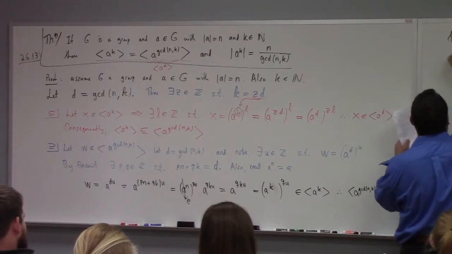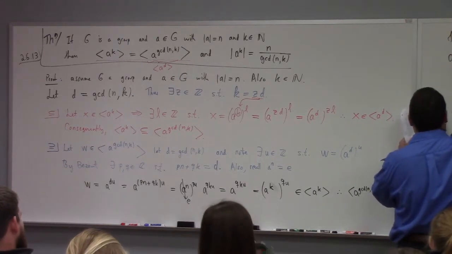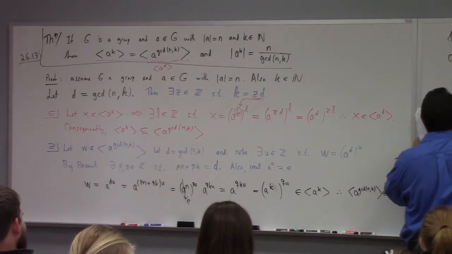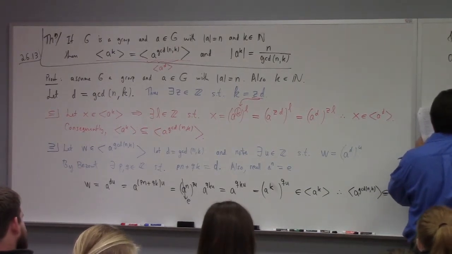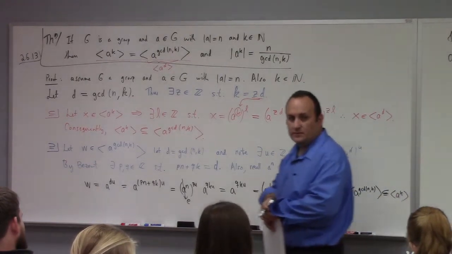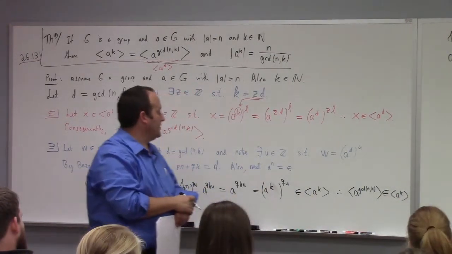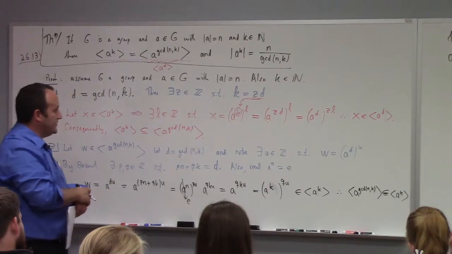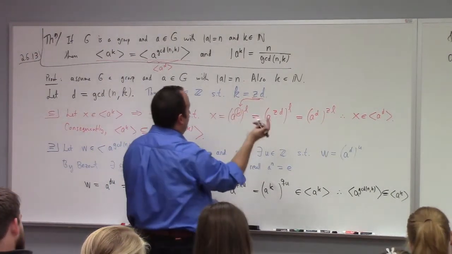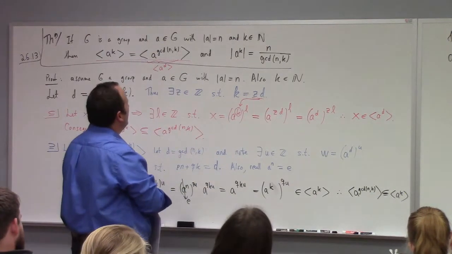So observe that a to the d to the n over d, now check, this is a kind of sneaky step. Why can I do this? What is n over d equal to?